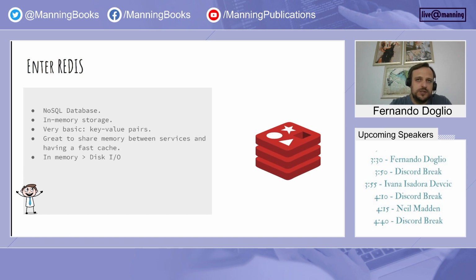But the main thing about Redis is that it's an in-memory storage. That means it's built for performance. Writing and reading in-memory data is a lot faster than getting it from disk. Depending on the benchmark and everything, it's around 10 to 20 times faster.